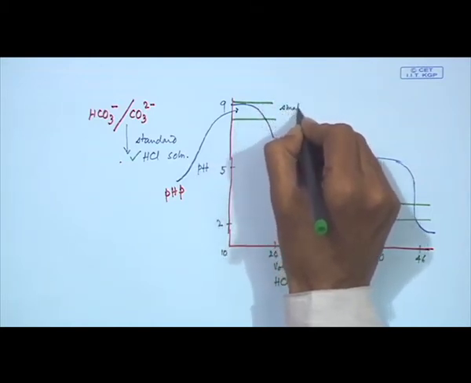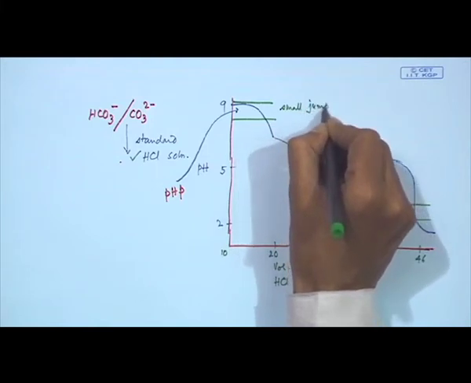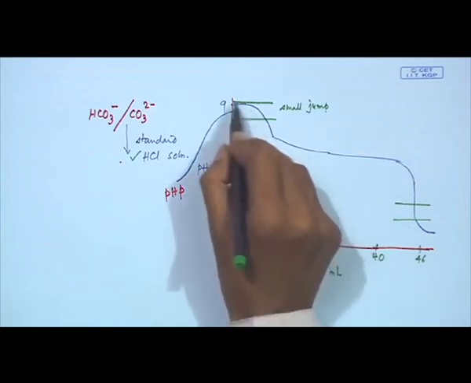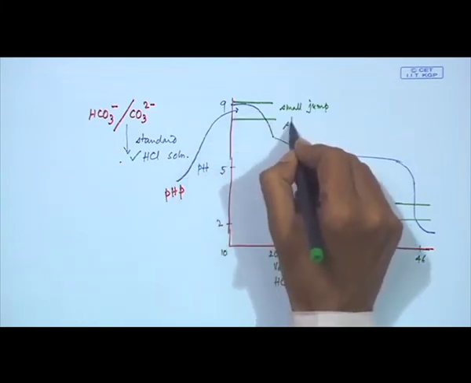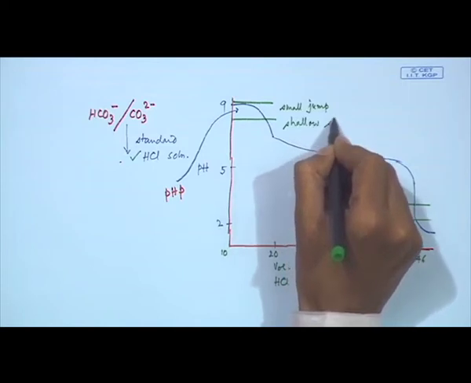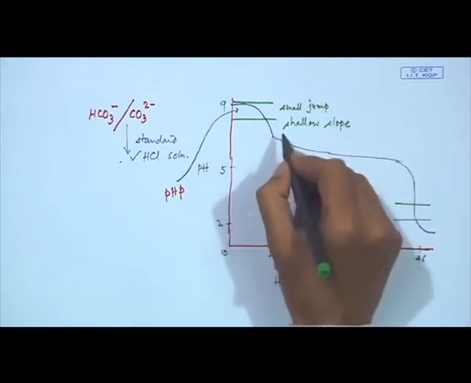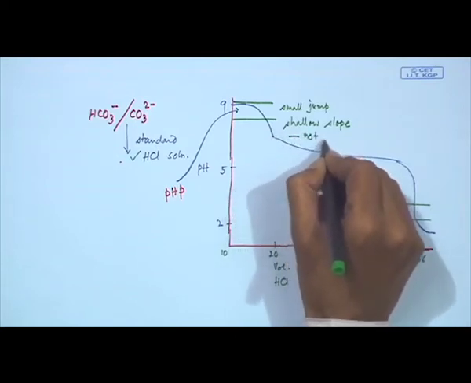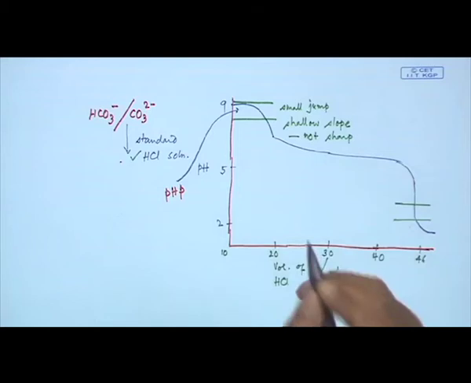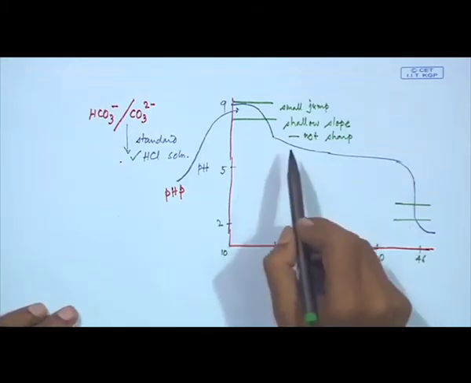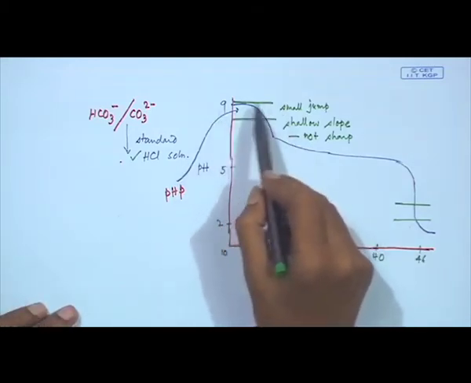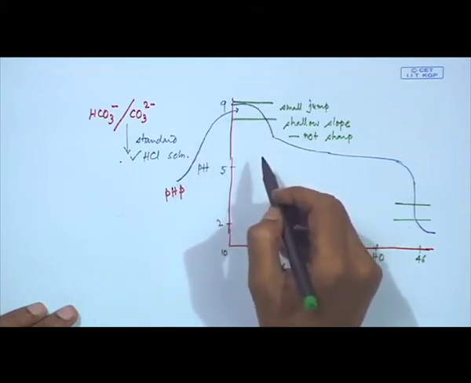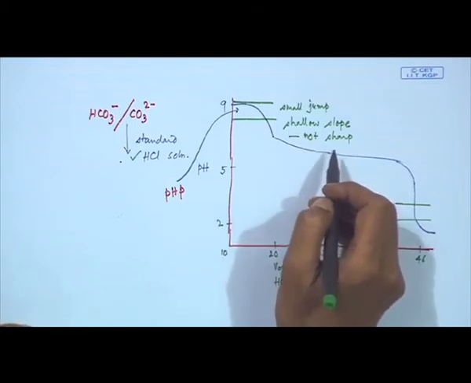So, you have a small jump and a shallow slope. Therefore, the detection of that point is not sharp, but we can detect it anyhow in this range. If no other indicator is available, we can use phenolphthalein to detect this endpoint.